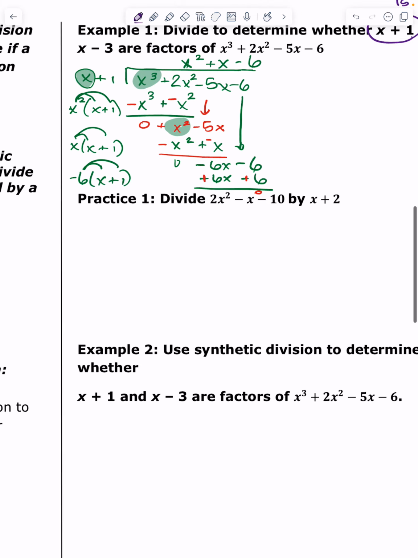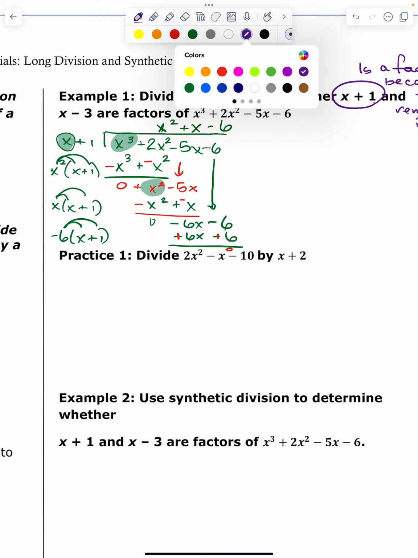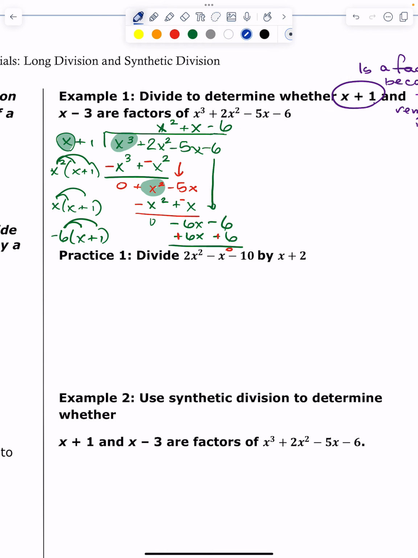We're going to try this again with x minus 3. Again, I am dividing into x to the third plus 2x squared minus 5x minus 6.